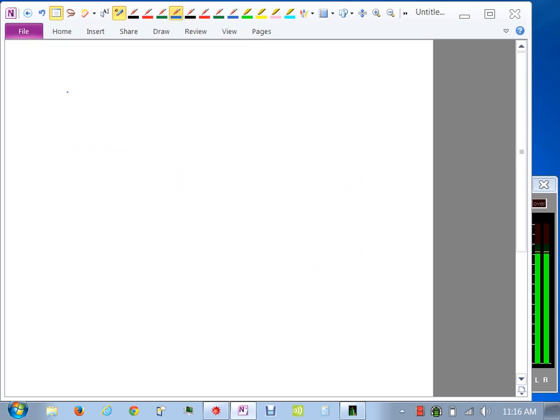Okay, so for the ratio test, here's what we do. We take the limit as n goes to infinity of the absolute value of a sub n plus 1 over a sub n. This is equal to the limit as n goes to infinity of the absolute value. Now, on your test, I noticed this happening a lot also.